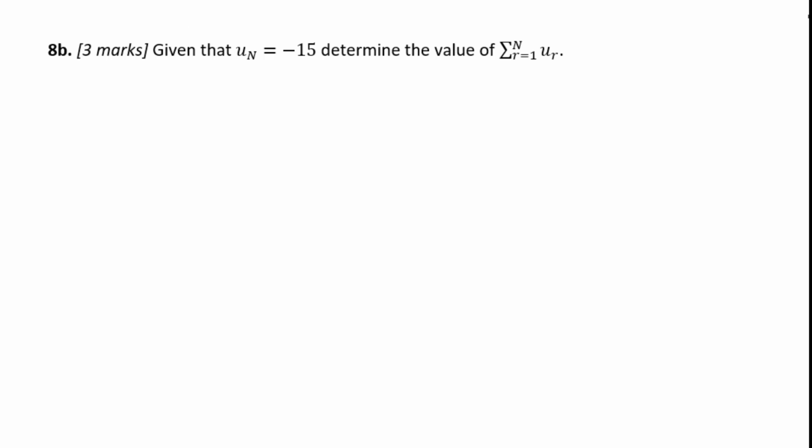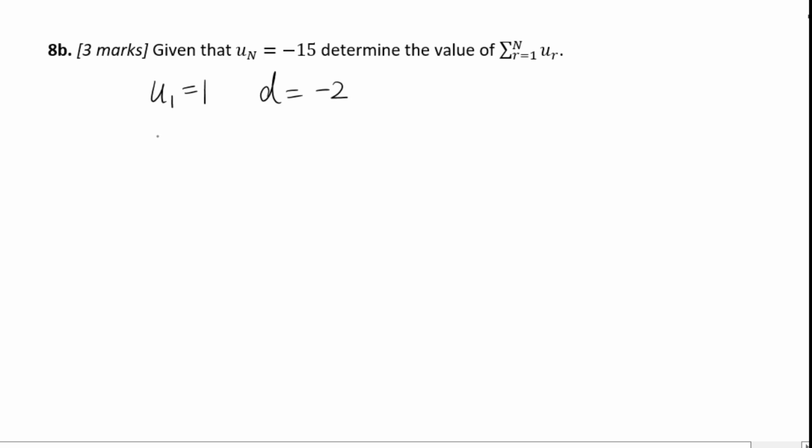For 8b, given that U sub n equals negative 15, determine the value of the sum as r goes from 1 to n of U sub r. Since we know U sub 1 equals 1 and D equals negative 2, we can write down the sequence 1, negative 1, negative 3, negative 5, and so on.